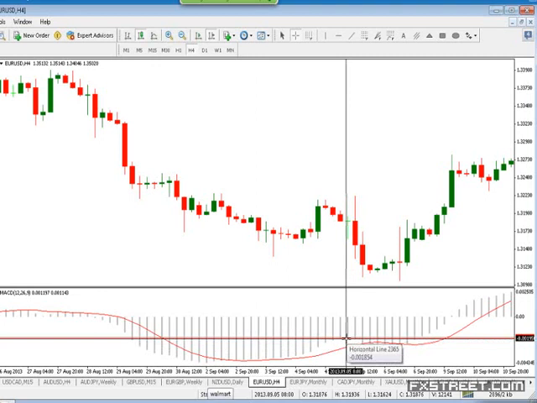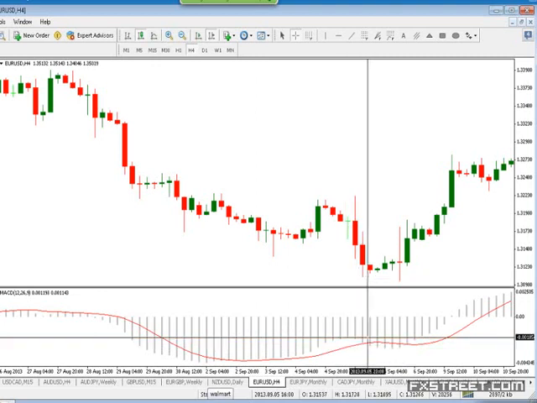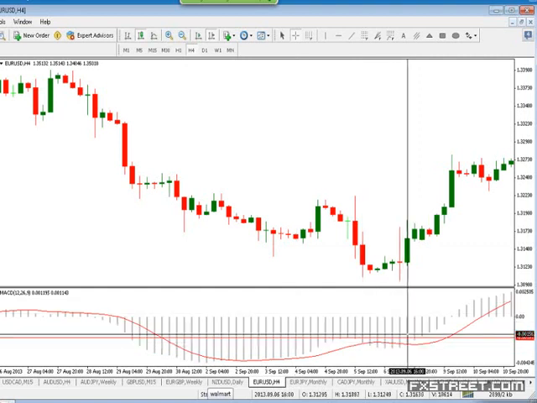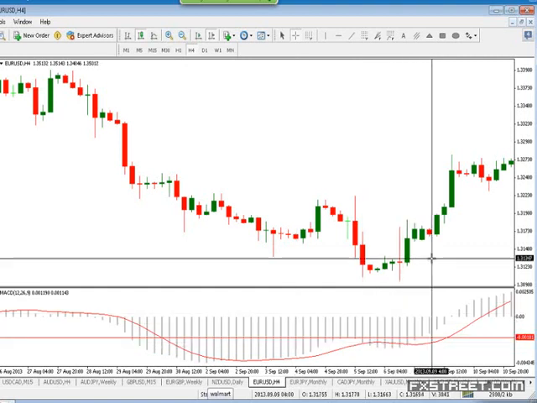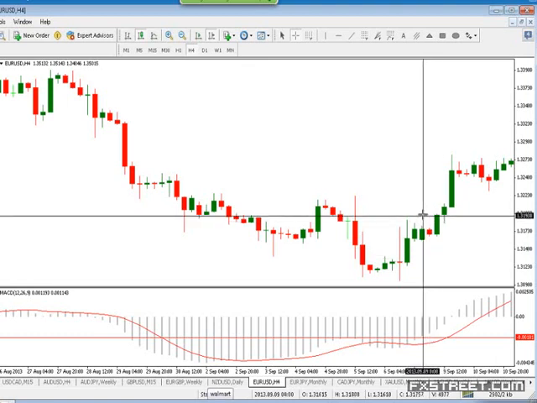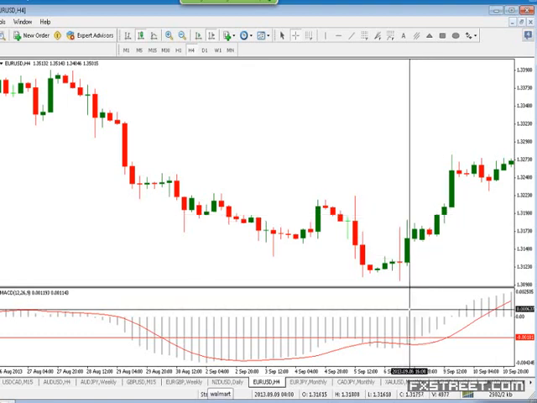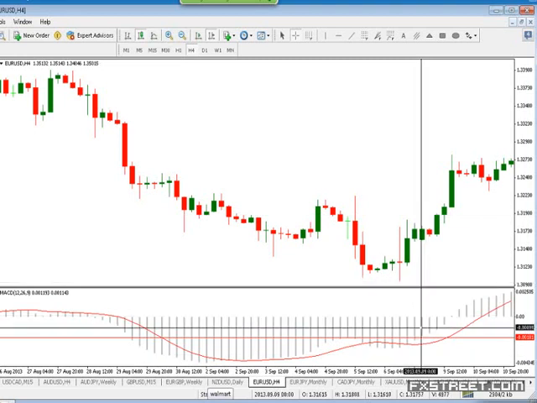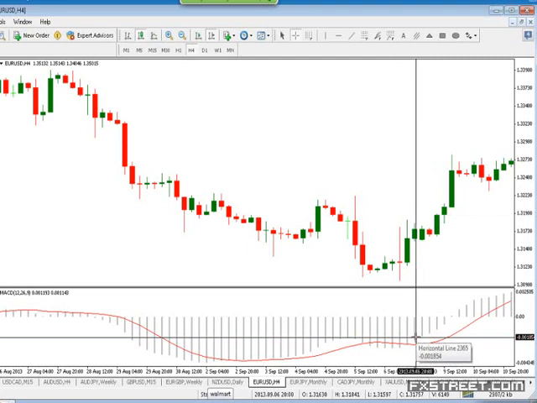Now, after this peak over here, price starts moving up, and we expect a change of trend. I look for the first histogram bar which has clearly formed above this particular line. Completely formed above this particular line.